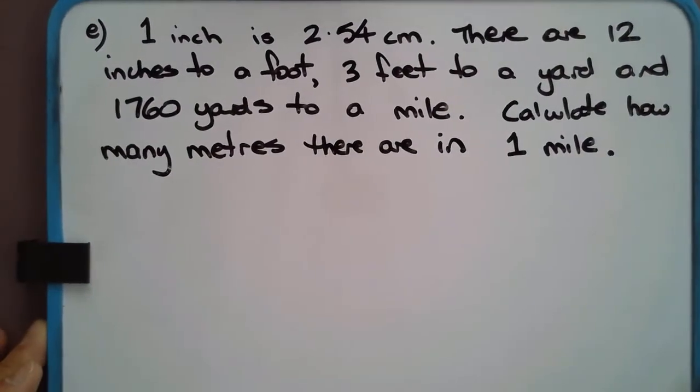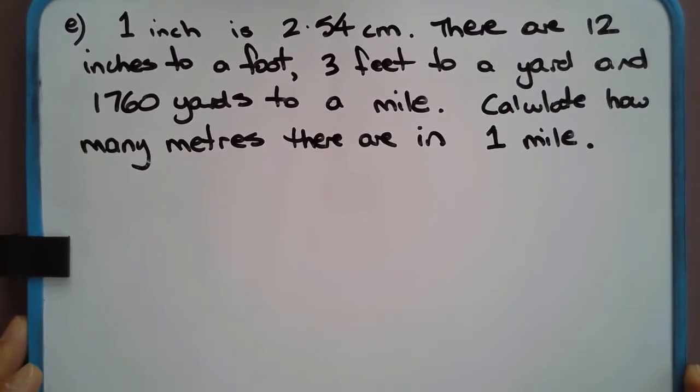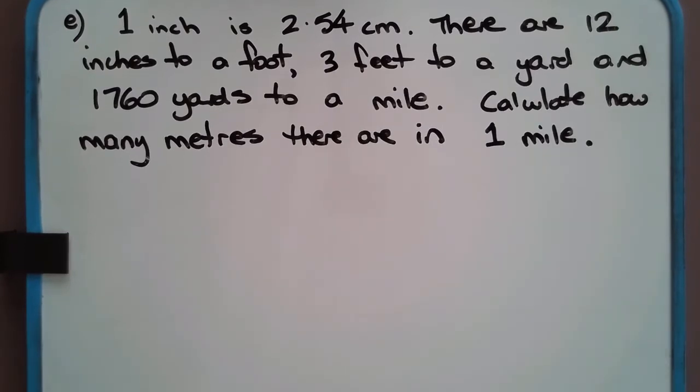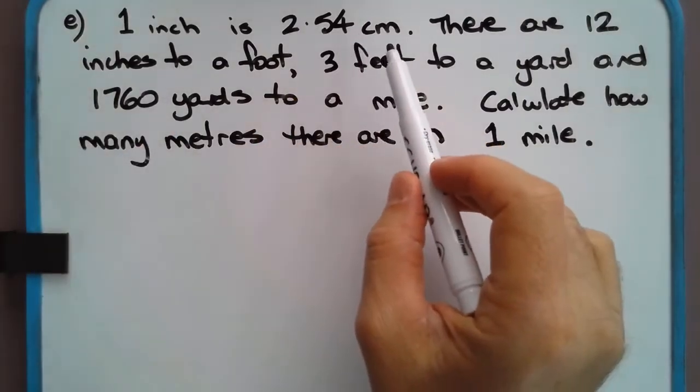Last example. I did mention in a previous video the 2 main systems of measurement in the world today. We've got the Imperial System, which is mainly used in the United States, and the metric system, which is mostly used in countries such as Australia, New Zealand, and a lot of European countries. So this one's sort of for a bit of fun. 1 inch is 2.54 centimeters.